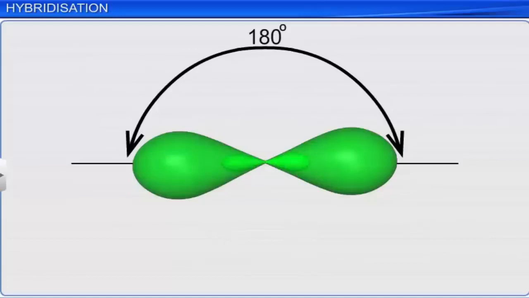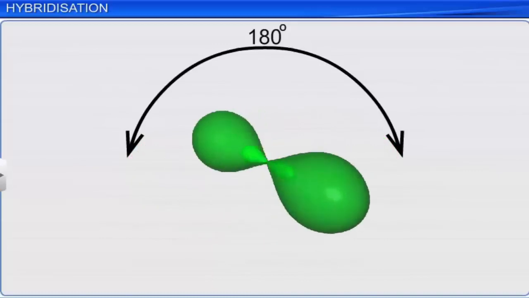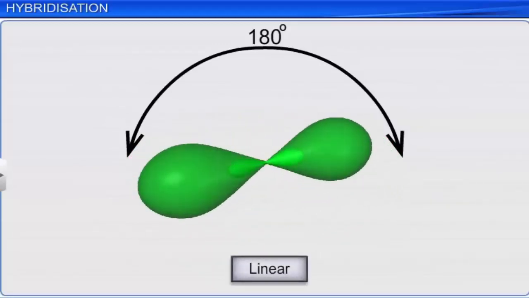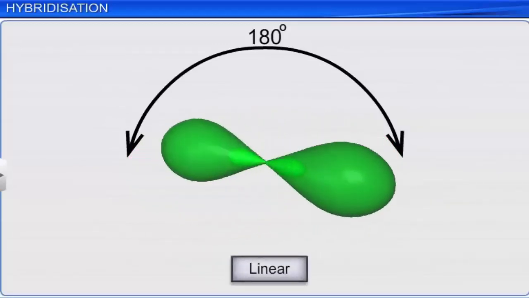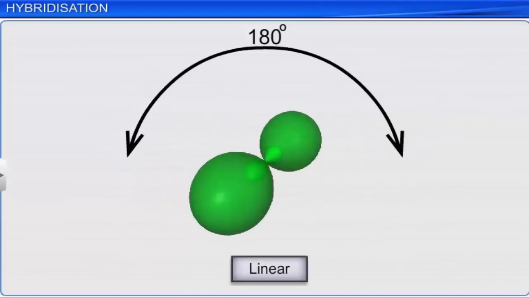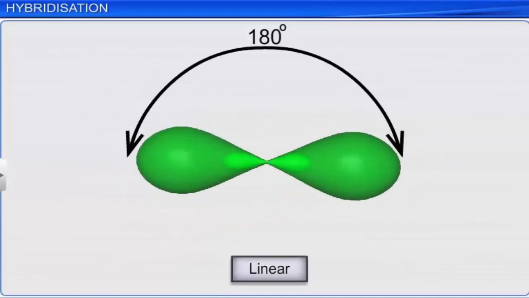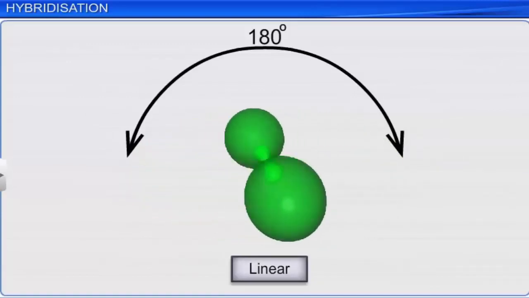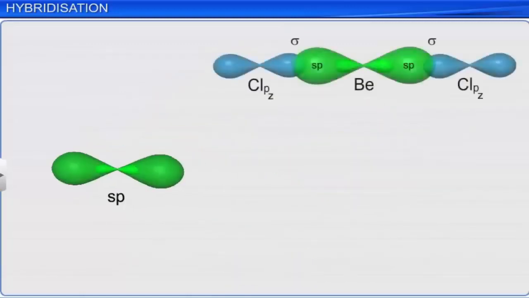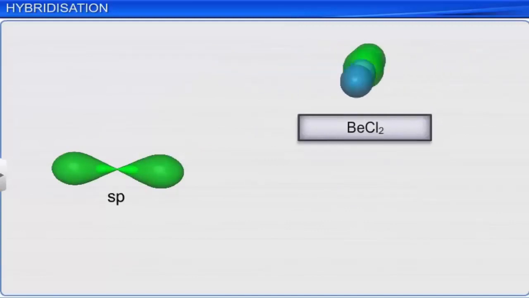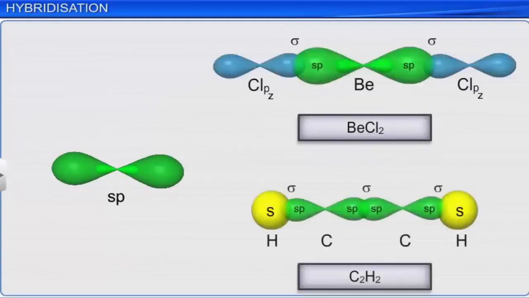During bond formation, they provide maximum overlapping areas, making the bonds stronger and giving the molecule its linear structure. Some compounds whose central atom displays sp hybridization are BeCl2 and C2H2.